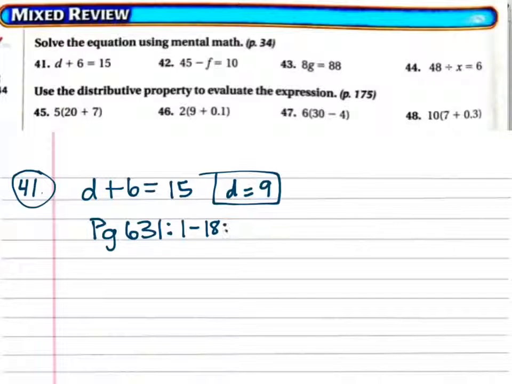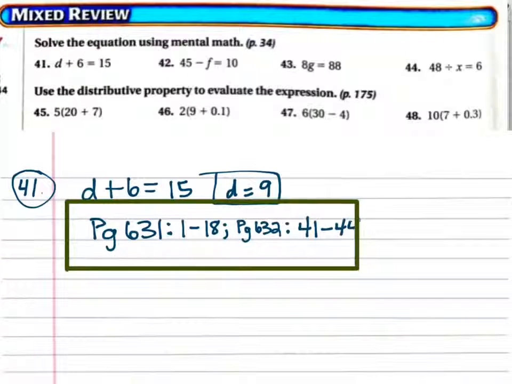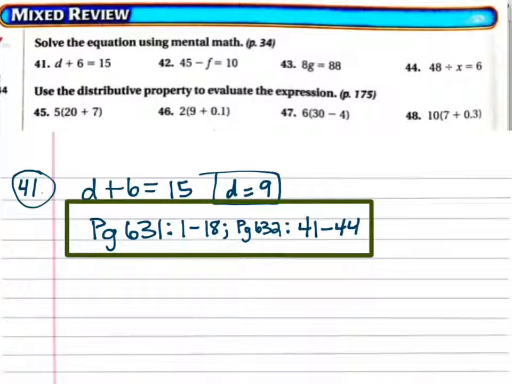And then we're going to skip to the next page over, which is page 632, and just do problems number 41 to 44. Pretty easy. So that is your assignment for the day. Once again, page 631, 1 to 18. Page 632, 41 to 44. There you go. There's your assignment.